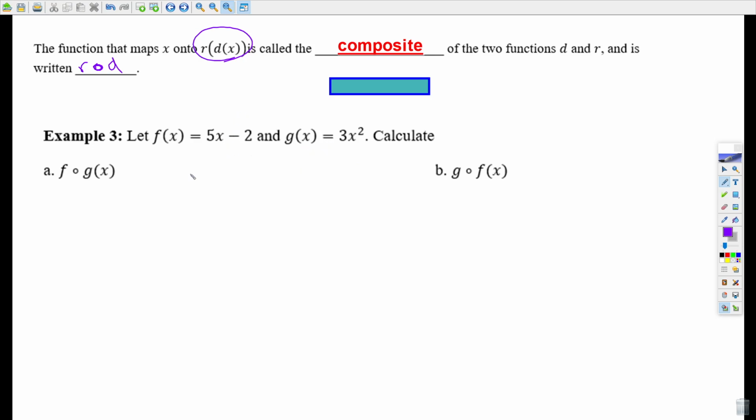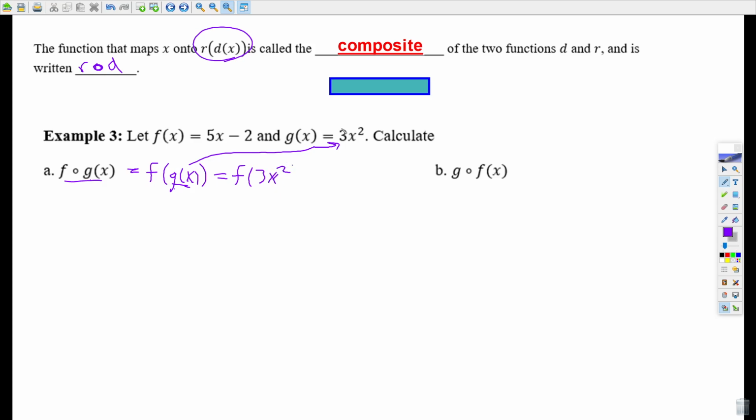So we have two new equations. We're going to calculate the composite G followed by F. So I'm going to rewrite that as F of G of X. Definitely don't like this notation, so we change it. So inside here, it'd be F of, what's G of X? Let's find it. It's this, 3x squared.